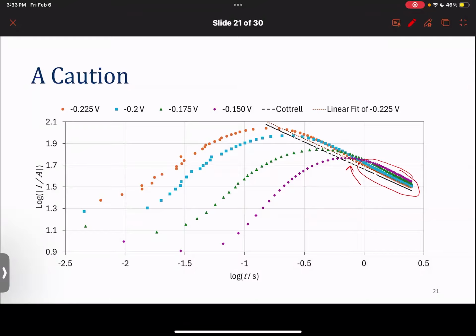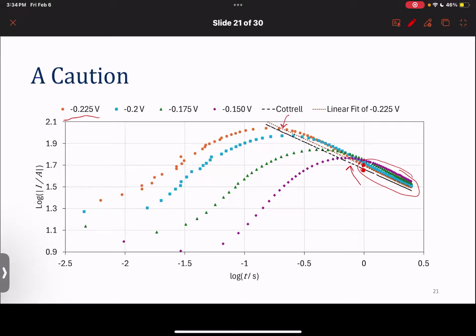But if I extend the line for the linear fit to my data at negative 0.225 volts, I can see that I get the same slope, but I don't get the same y-intercept. Here is the y-intercept that I'd get for the Cottrell equation. And here is the y-intercept that I'd get for the fitted line to my data. Even if I get the negative 0.5, I could still be off a little bit.